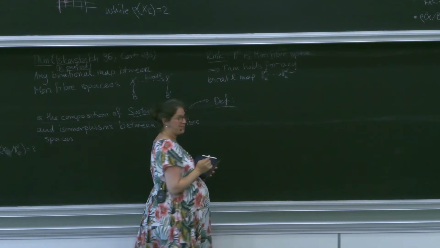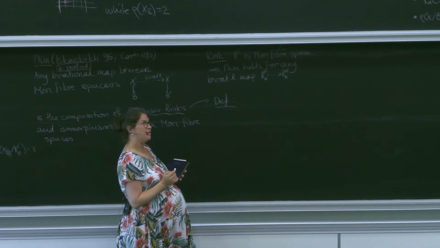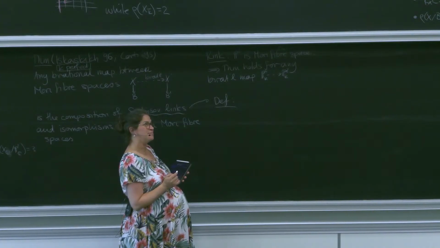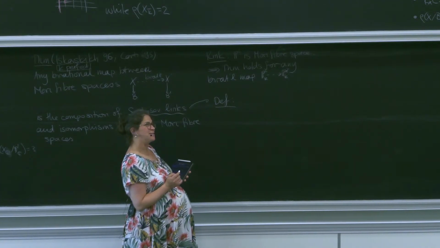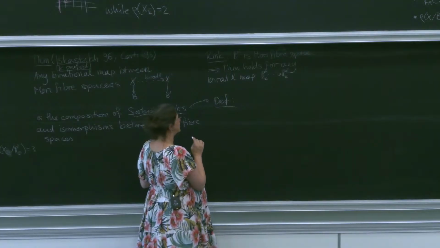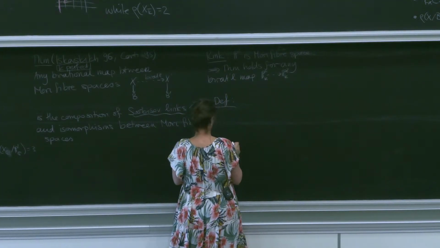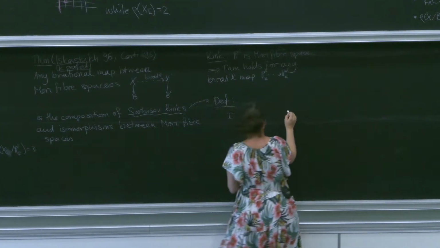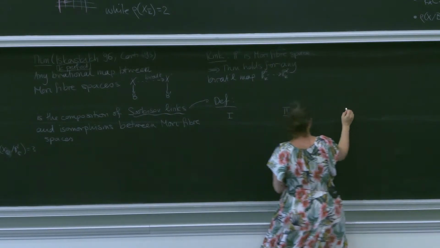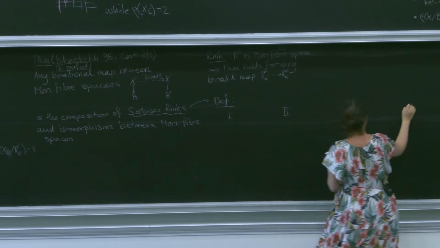So basically, we have 4 types of Sarkisov links: type 1, type 2, type 3, and type 4.